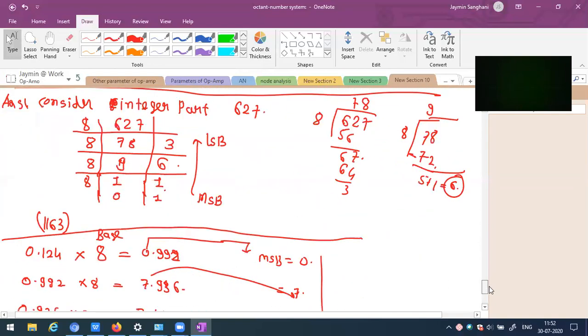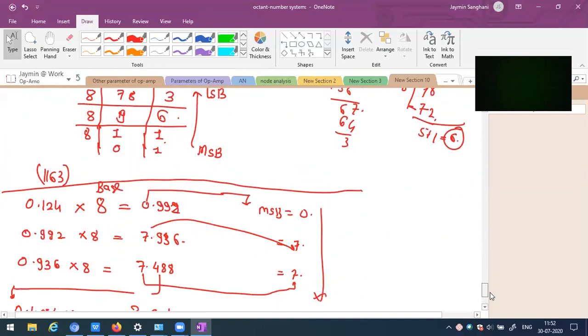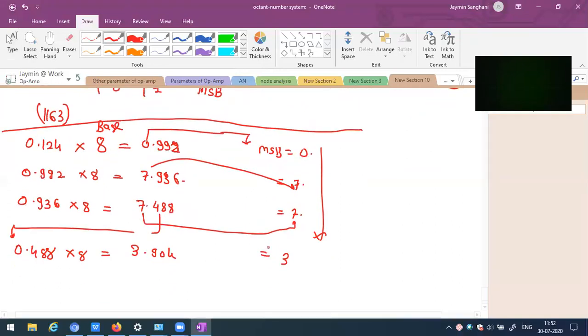1163.0773, it is the answer converted into octal.